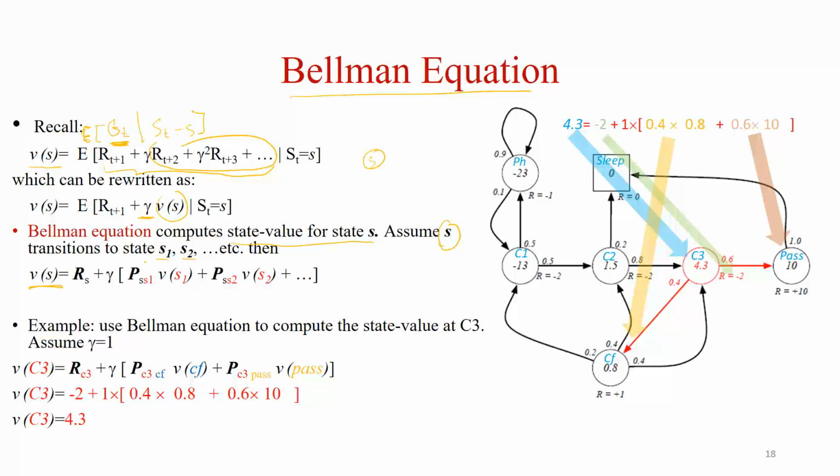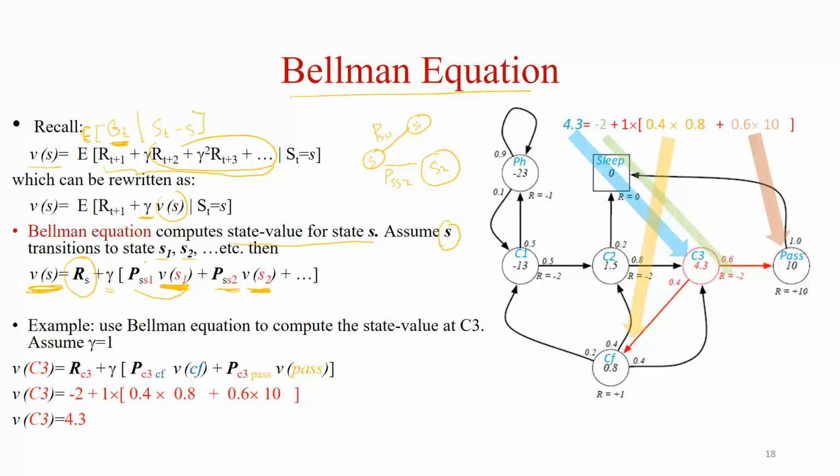Suppose you have a state S here, and it goes to state S1 with a probability, and to state S2 with a probability, etc. Then the state value of S equals the reward when I leave the state S, plus the discount factor multiplied by the probability of going to state S1 multiplied by the state value of S1, plus the probability of going to state S2 multiplied by the state value of S2, etc., etc.